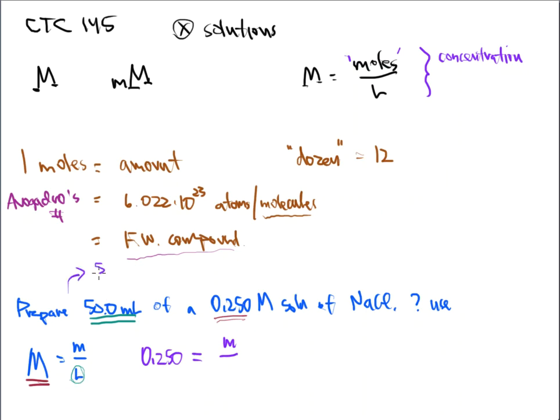To convert that to liter, milli means 1,000, so I need to divide by 1,000. So 50 divided by 1,000, right? If this was 0.5, that is 500 milliliter, right? That's not right. So 0.050 would be 50 mils.